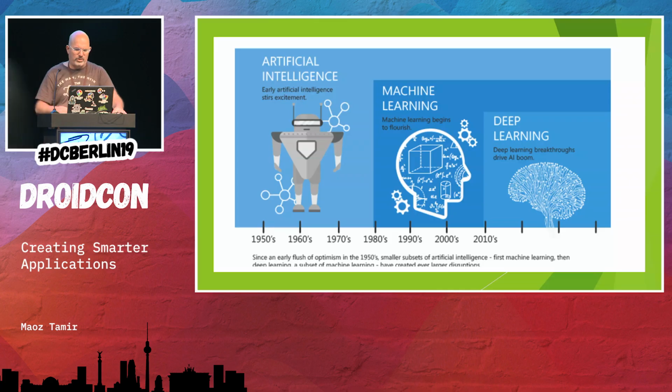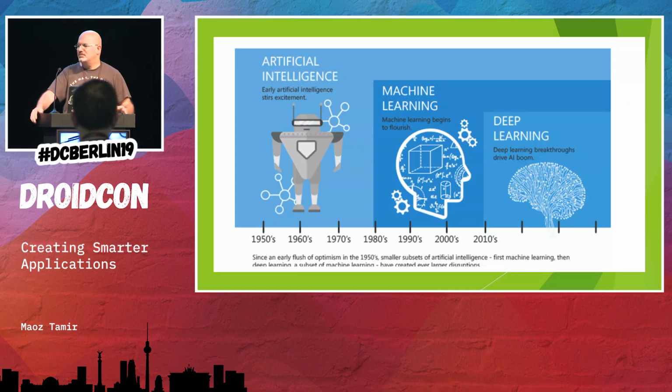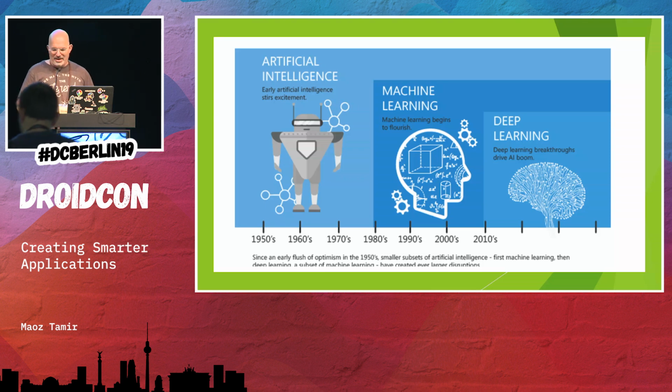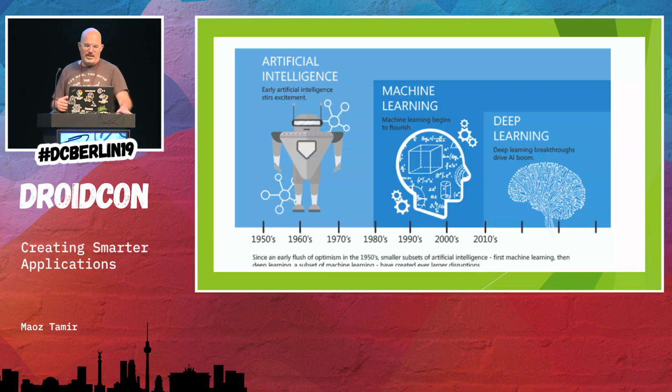Alan Turing wrote a book about that, and then it had some kind of a dark age until the 80s, basically because we couldn't create something that resembles a neuron, and we didn't have the computer power to do that. And in the 80s, we started with machine learning.